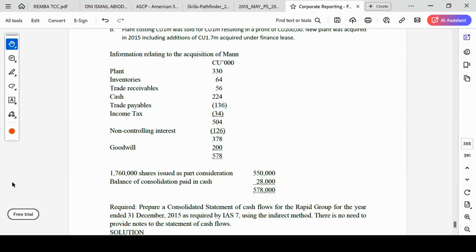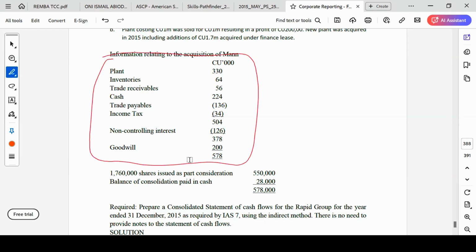Okay, let me just quickly explain this so that you understand this information here. This information here is a walk back to this. So you are used to, this is how you normally get your goodwill, right?